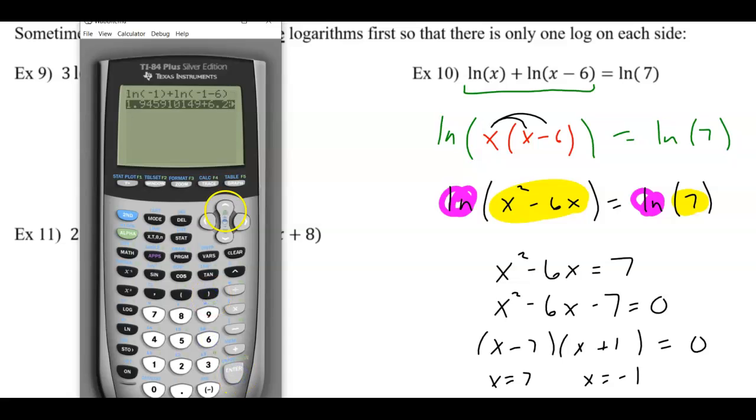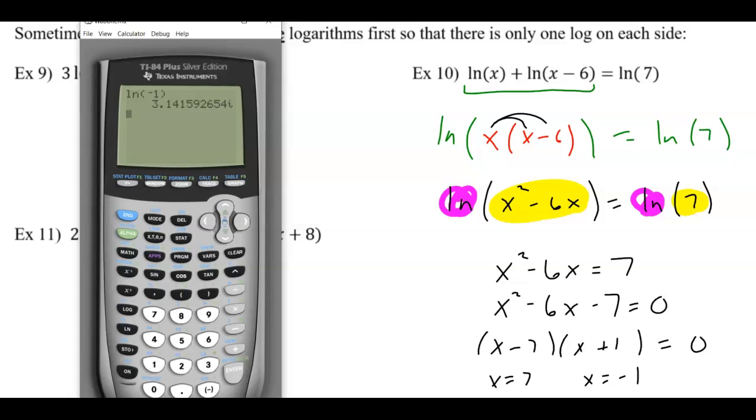You can see that gives you this crazy number, and it has an i at the end of it. More closely, even if I just type in natural log of -1, it's imaginary. You cannot take the log of a negative number.